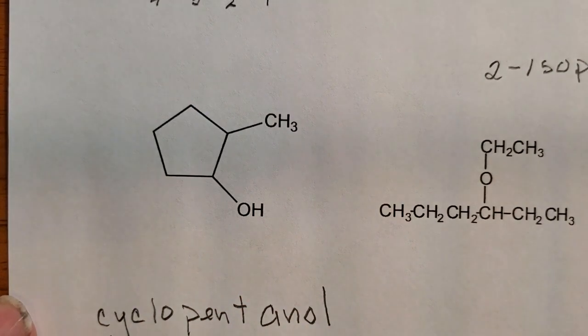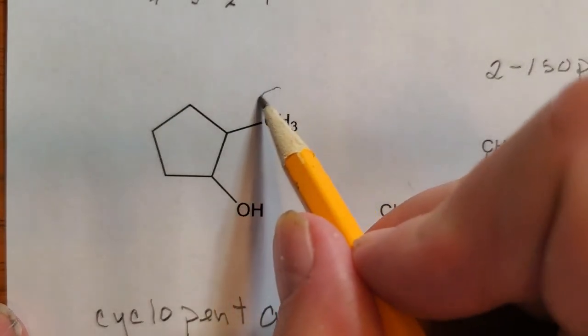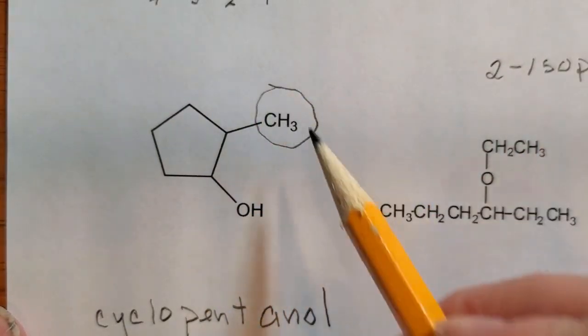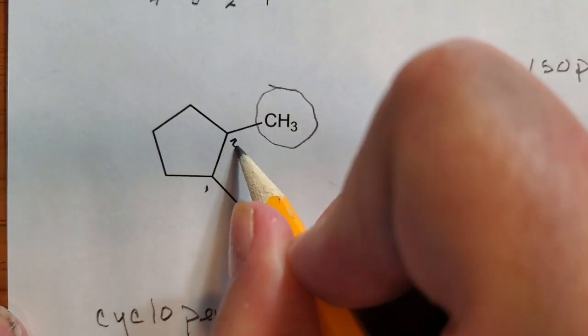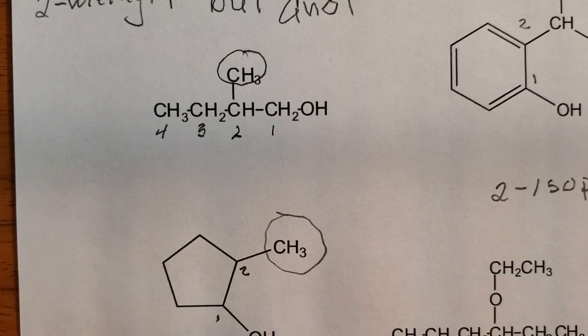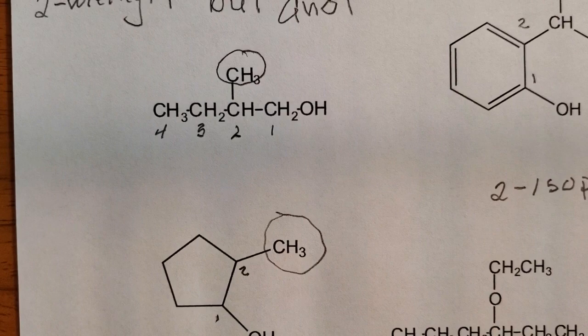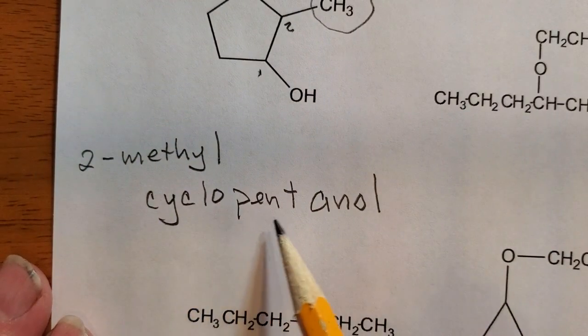So this is cyclopentanol. We have to indicate where the substituent group is here. It's a methyl. This is carbon 1, carbon 2. So this is 2-methyl. I'm going to have to write it up here. 2-methylcyclopentanol.